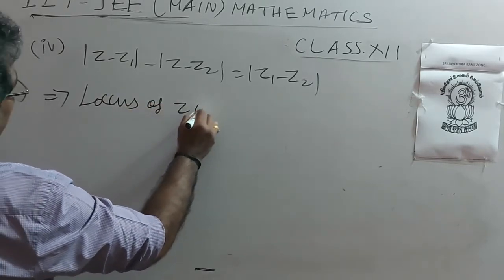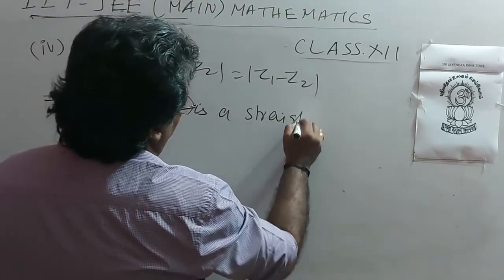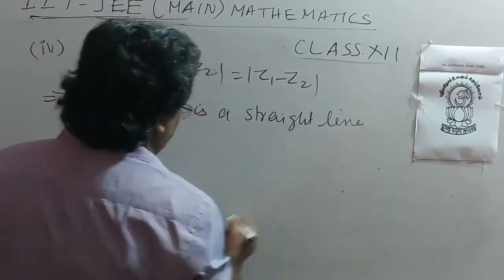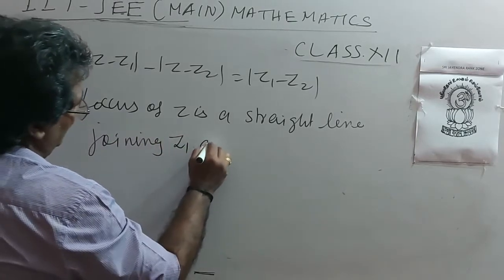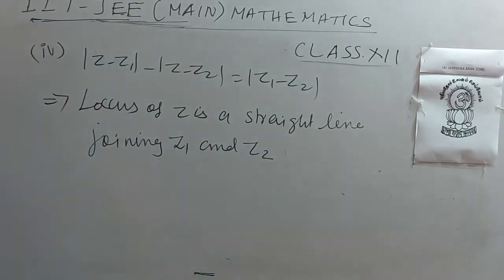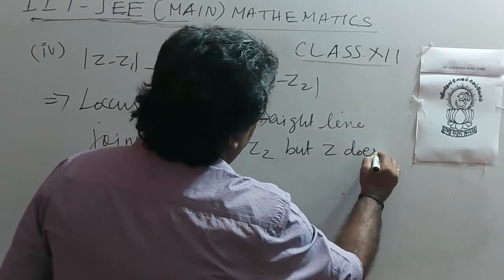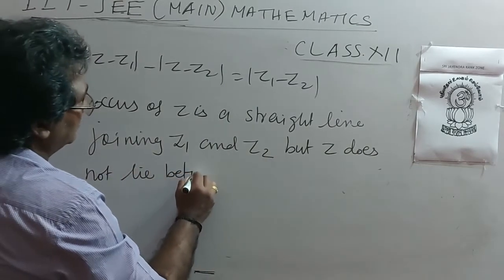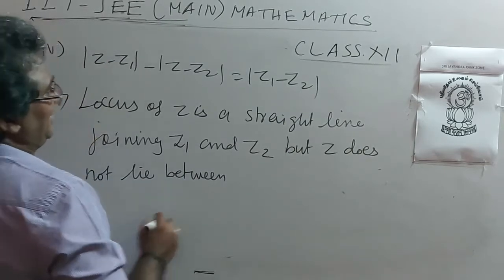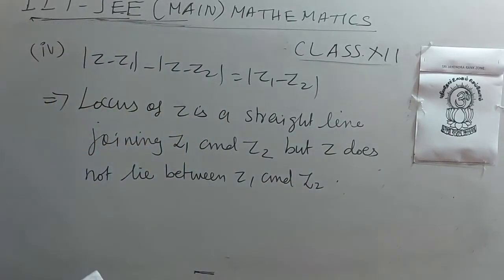Locus of z is a straight line joining z1 and z2, but z does not lie between z1 and z2.